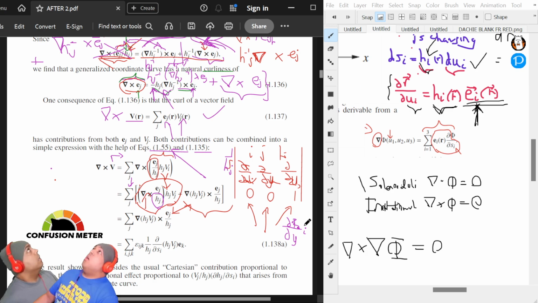Maybe we can call it EI, E1. I think we call it E1. Next we have del U1, del U2, del U1. No, minus del U1 because we're dealing with this guy now. E2. Okay, and all of this is being multiplied by 1 over Hj.